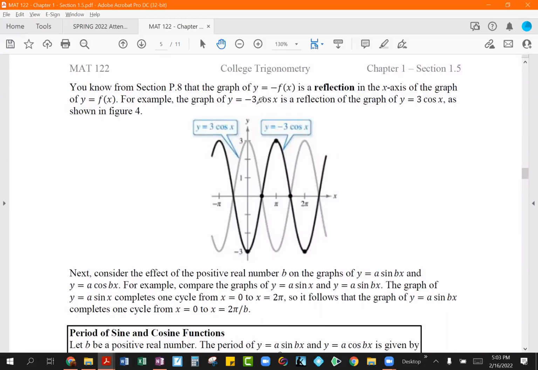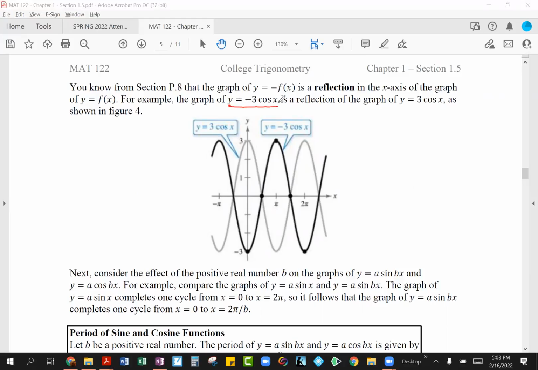So if the amplitude value that you are using is a negative number. In the previous example, we looked at y equals 1/2 cosine of x, 3 times cosine of x. Well, what happens if we make that a -3?